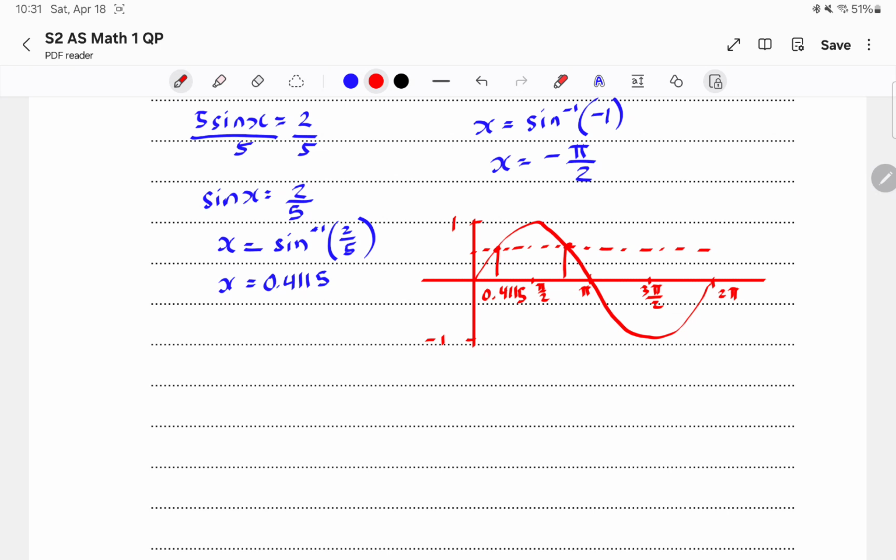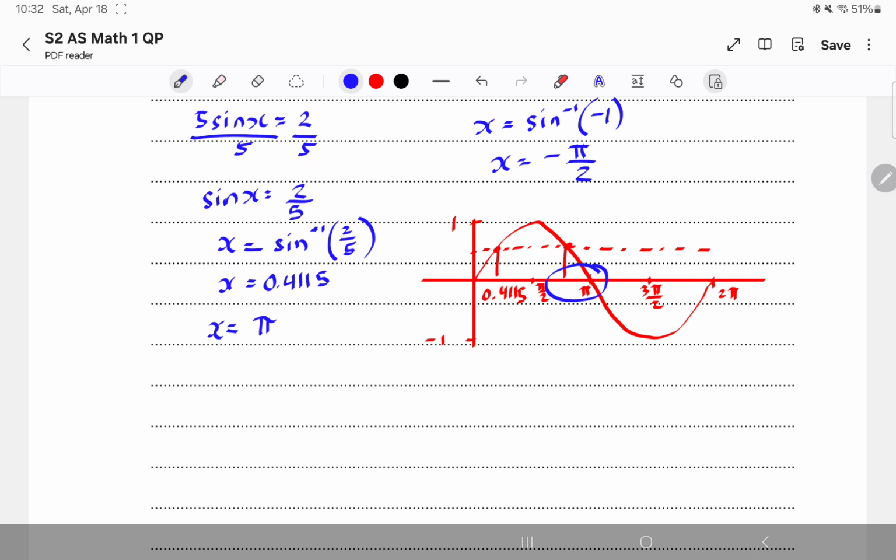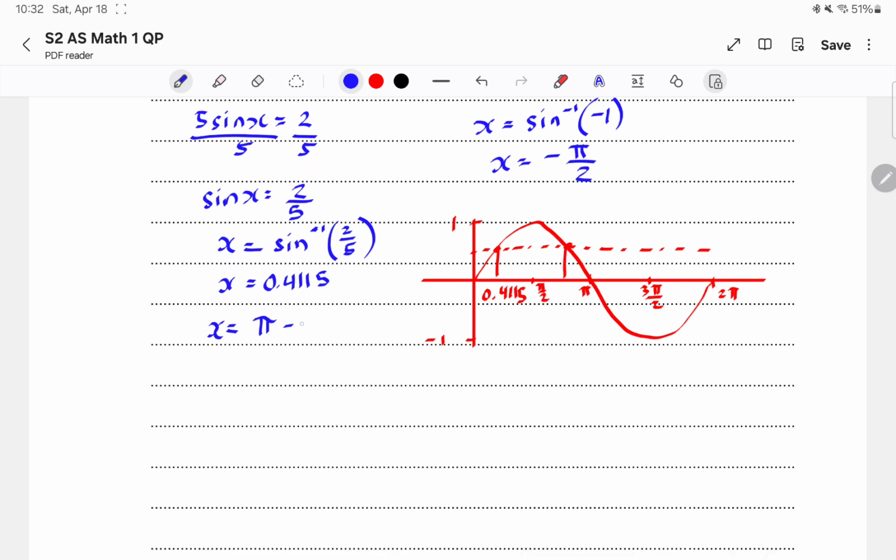To get the second solution from our first factor, I take x equals pi minus our calculated result, and you will get the second solution, which is 2.73 correct to 3 significant figures.